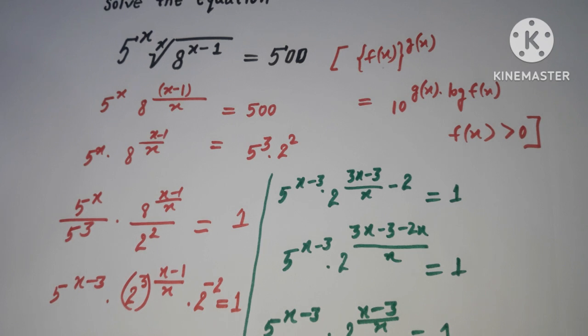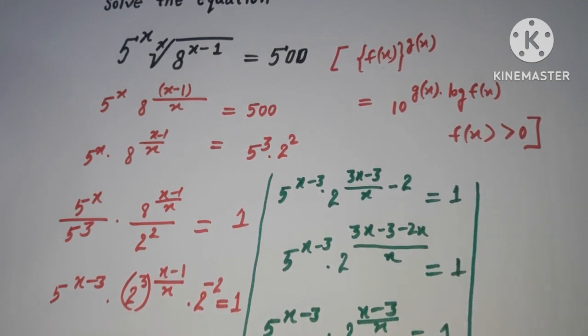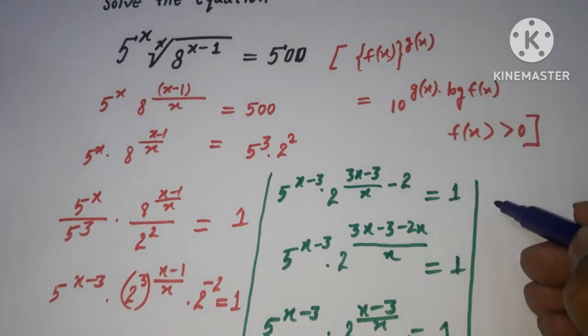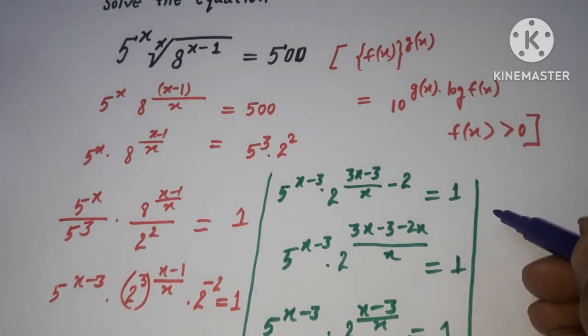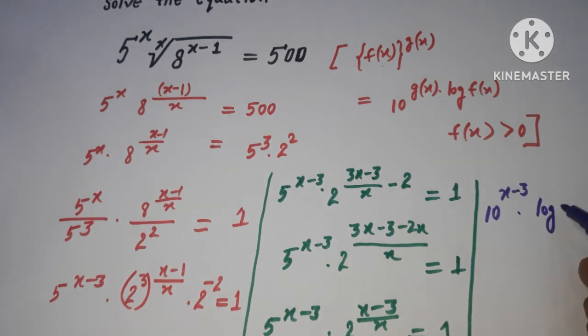Now what I can do, this equation is equivalent to the earlier formula. That is, we can write this as 10 to the power (x minus 3) into log of (5 times 2 to the power 1 upon x), equal to 1.